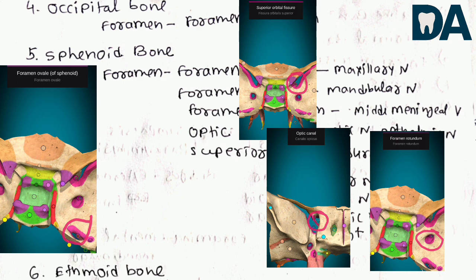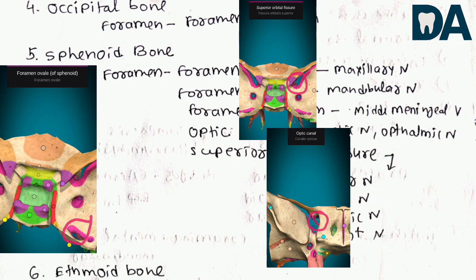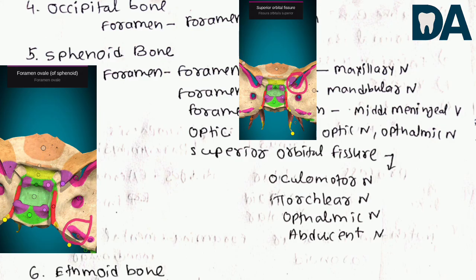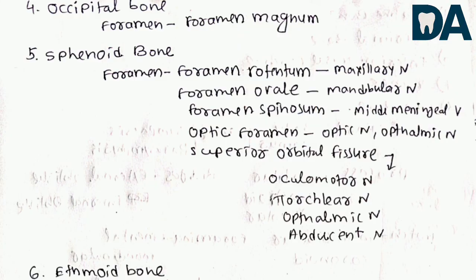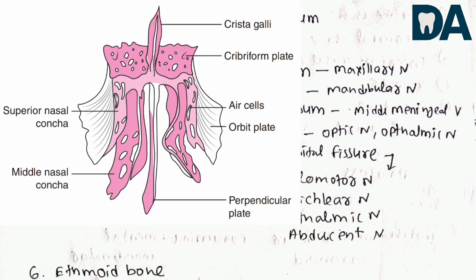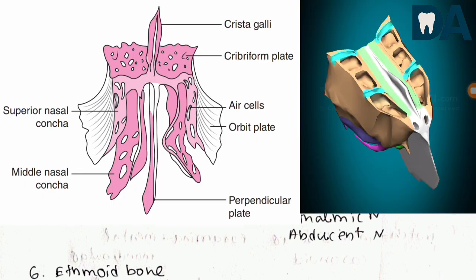Foramen spinosum, the middle meningeal vessel. Optic foramen, optic nerve and ophthalmic artery. In the superior orbital fissure, the structures transmitted are the oculomotor nerve, trochlear nerve, ophthalmic nerve, and abducent nerve. The last bone of the cranium is the ethmoid bone.